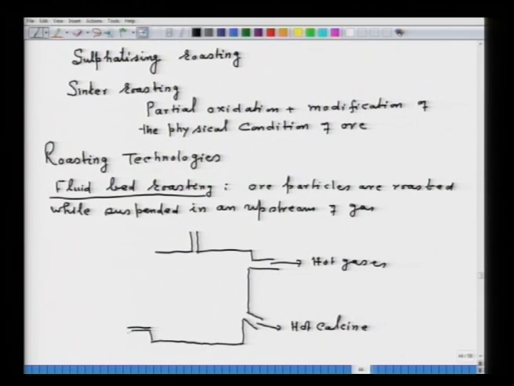If some fuel is required for some purpose, there is a provision for supply of auxiliary fuel.